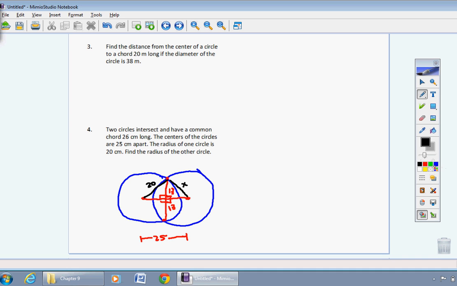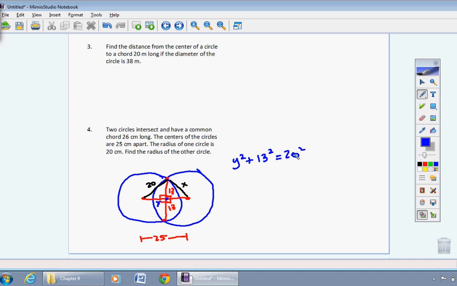Now, if you didn't follow my explanation there, let's try this again. What I want to find, we'll call this y. I've already used x, so we're going to call this y. So I'm going to use the Pythagorean theorem to find y, which is the distance from the middle of the chord to this side. So I'm going to say that y squared plus 13 squared is equal to 20 squared.